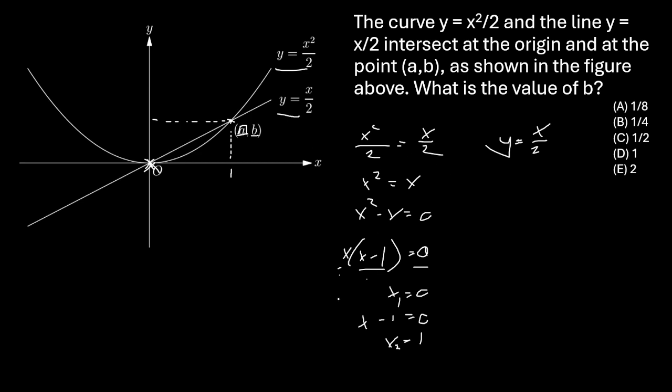And we know that x is equal to 1 at this point, this (x, y) point here, which is labeled as (a, b). x is equal to 1, and y we can get by the function. So substitute 1 in, y is equal to 1 over 2. And that's our answer.